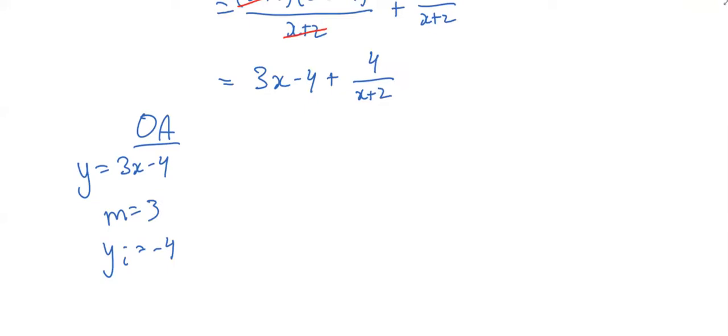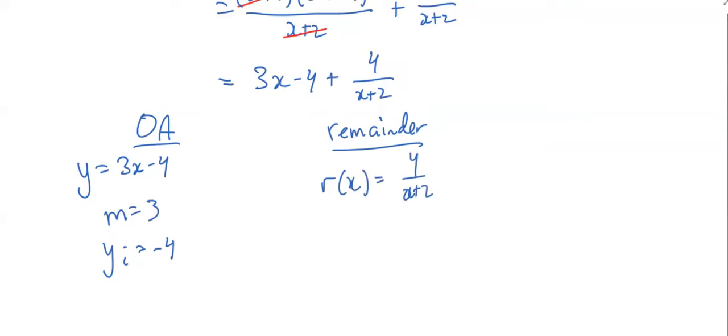And then, our remainder, r at x equals this, 4 over x plus 2. And that's what we're going to use for our testing of the behavior.